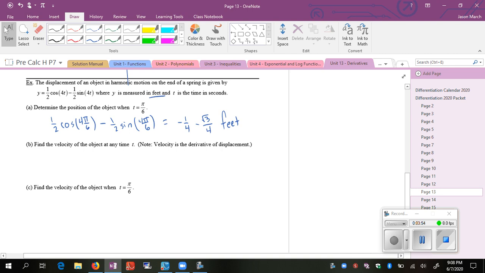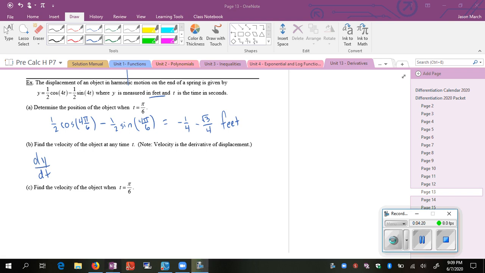Find the velocity. Velocity is the derivative of position or displacement. It even says it there in the note. Find the velocity of the object at any time. So that's just going to be dy/dt, the derivative of the expression.